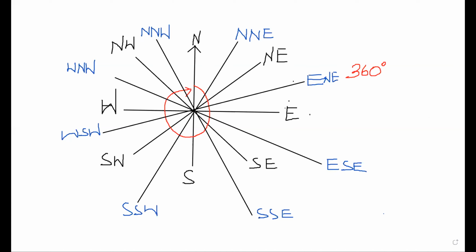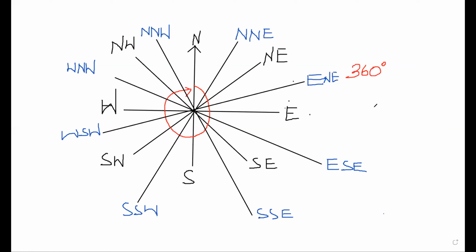That person has moved a quarter of the whole compass. So we call that a quarter turn, and that quarter turn has 90 degrees. If you divide that 90 degrees, because northeast is dividing this angle into two, half of 90 is 45.